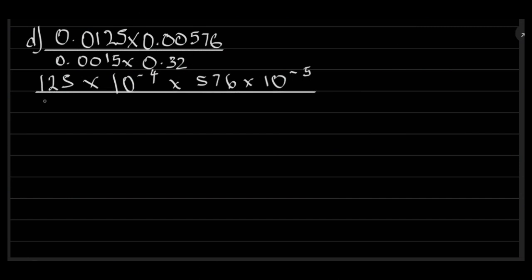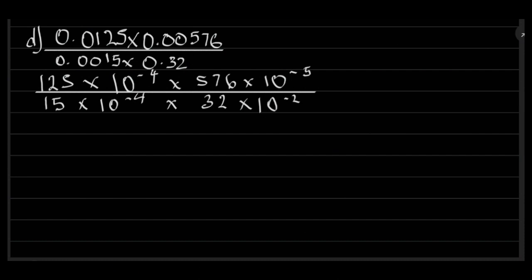all over 15 times 10 raised to the power negative 4. We are clearing 4 decimal places, times 32 times 10 raised to the power negative 2, because we are clearing 2 decimal places.